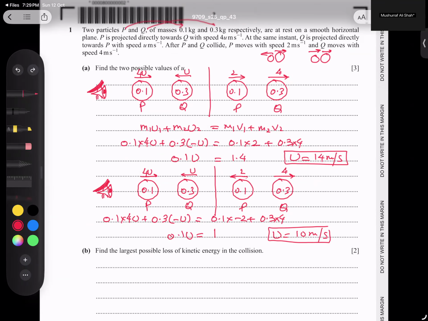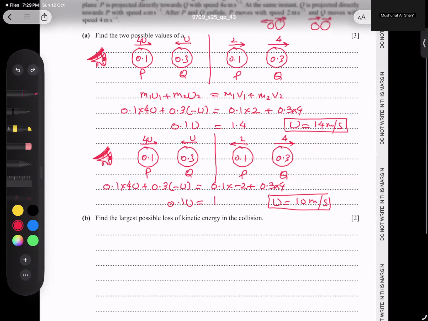So first of all, let's go for the kinetic energy before collision. Please concentrate here. I will use this data to find it. What is the formula we have? Half mv squared. In the place of u, I'm putting 14.